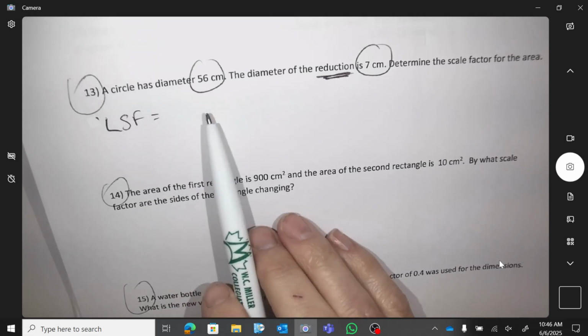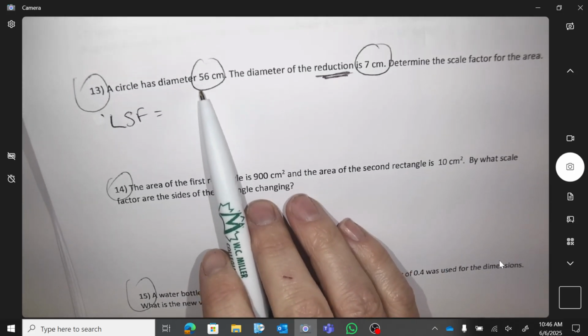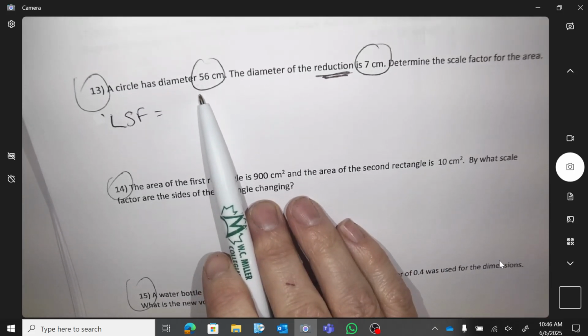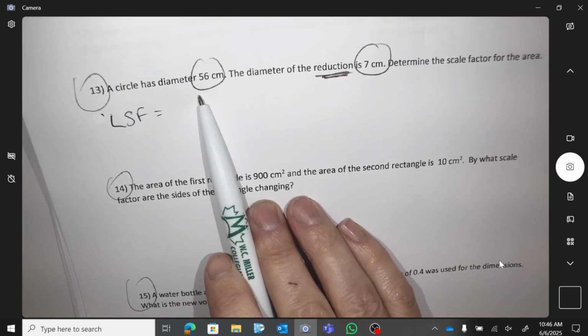How do you know it's linear? Because it's a diameter. Is diameter an area or a volume? Nope. Diameter is just a linear measure, right? Widths, lengths, heights, diameters, radius, that's all linear. Okay?